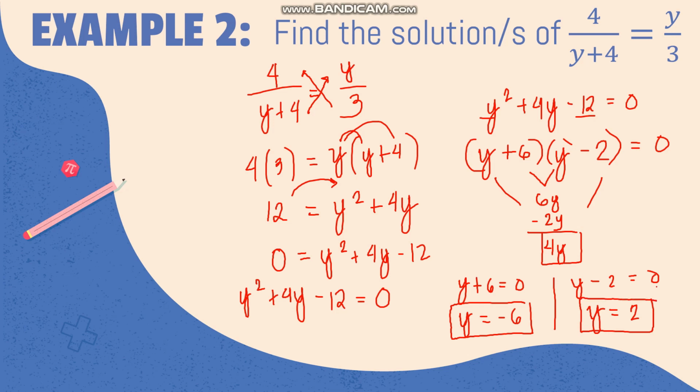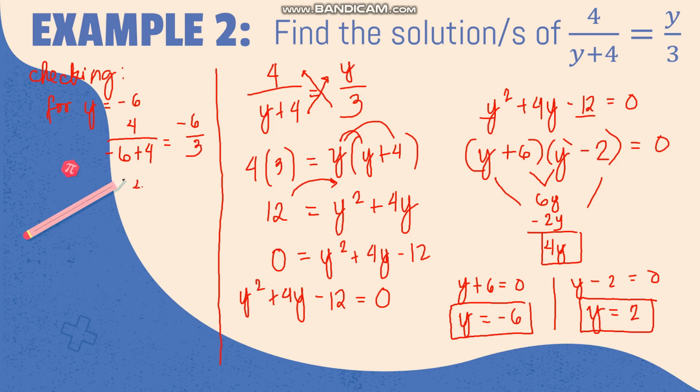So we now have two values of y. For checking, we have to check the two values of y. So checking. Let's try y equals negative 6. All you have to do is substitute: 4 over negative 6 plus 4 should be equal to negative 6 over 3.